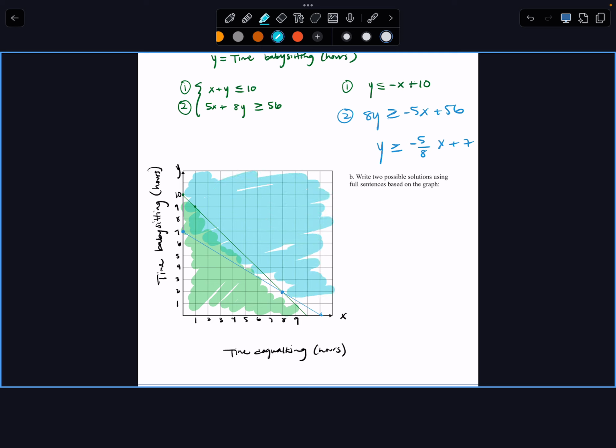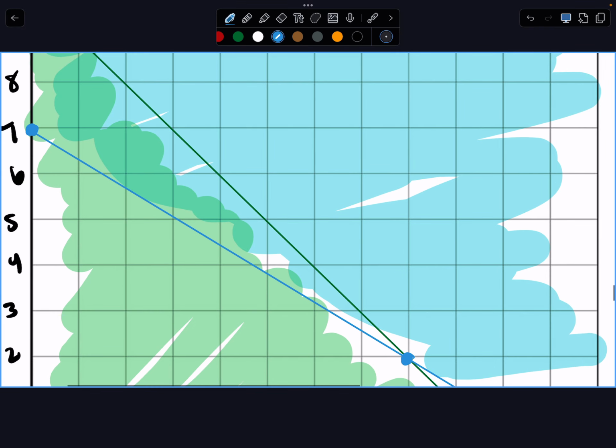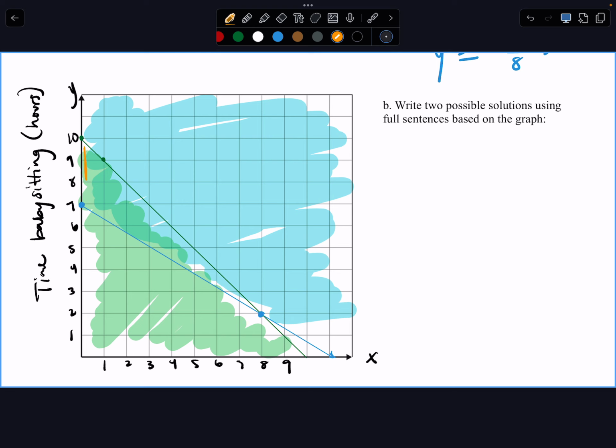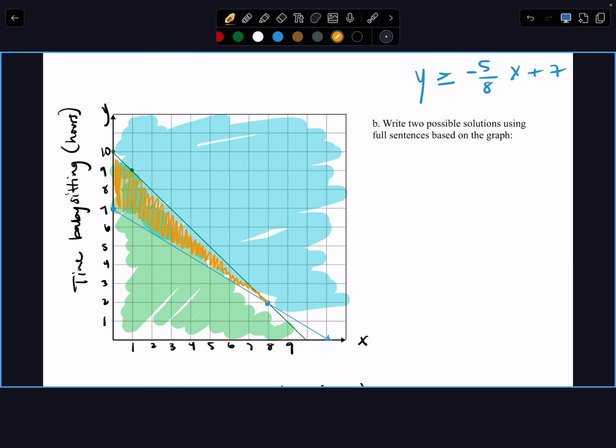So we can actually see that the solution set would be everything in between here or on the boundary lines. So you could pick two different points as combinations for what would meet the criteria.